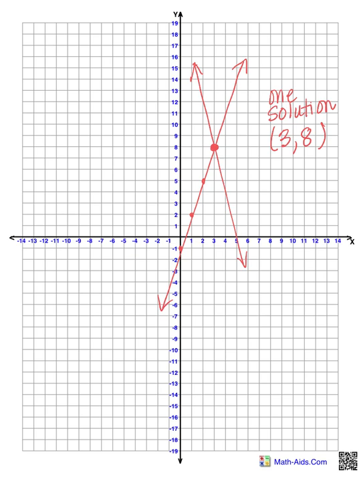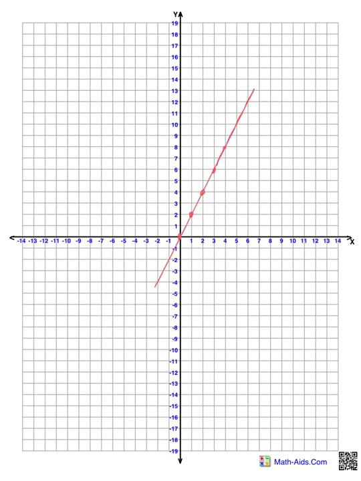Okay, so next, the second thing that can happen, and I'm going to erase this. The second thing that can happen when you graph the two lines, and I'm just going to always put some dots so my lines will be straight, is you could graph the two lines, and notice when I graph these two lines, they don't cross.